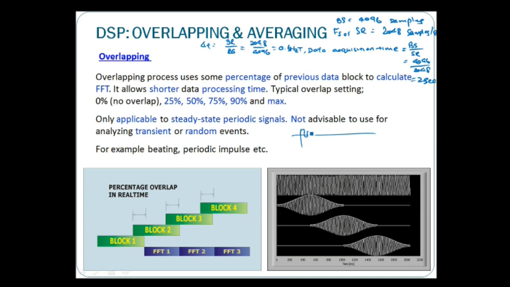I don't mean continuous analog signals; what I mean here is a digital signal, but if you take the digital signal, it continues. In this case, you select, let's say, 4096 as the block.